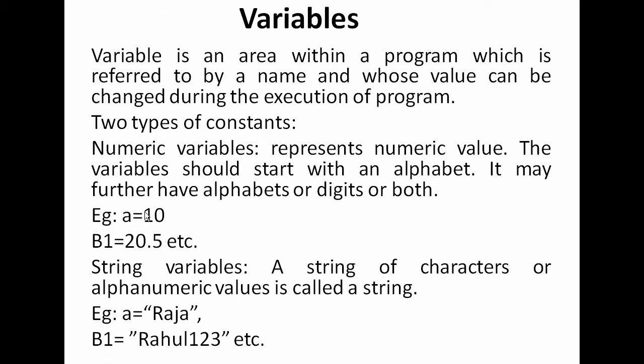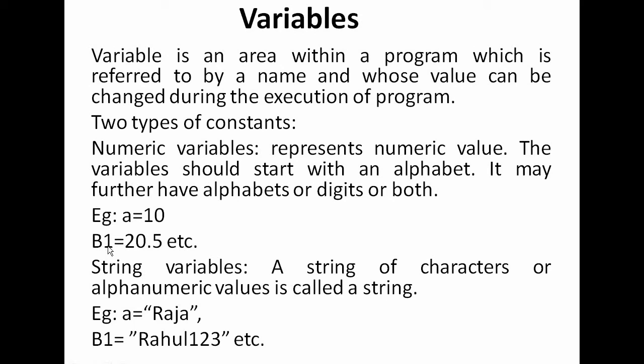So here A is a variable. It is a name in a program holding some value 10. So here A is a variable holding a numeric value. Here 10 is your numeric value.